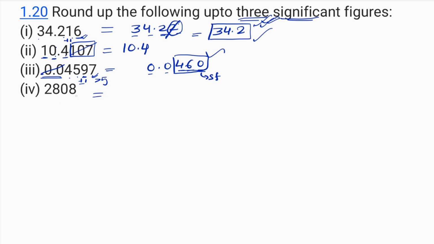All right, the last one has only 1, 2, 3, 4 significant figures. Now remember one thing, we have to round it up and convert it into a 3 significant figure number. So this number is greater than 5 once again. So what will we do? 1 is added.